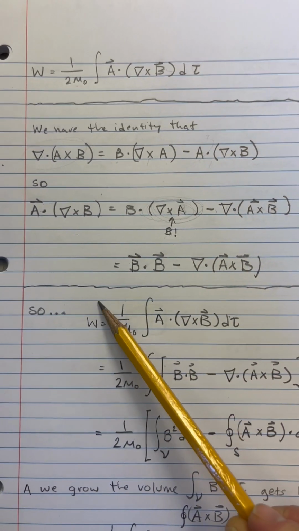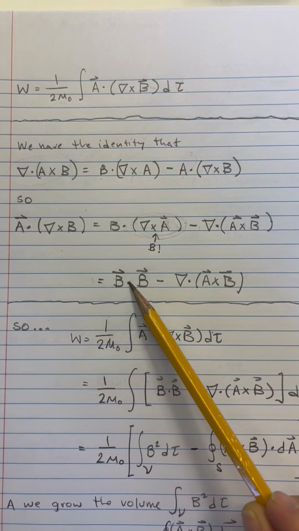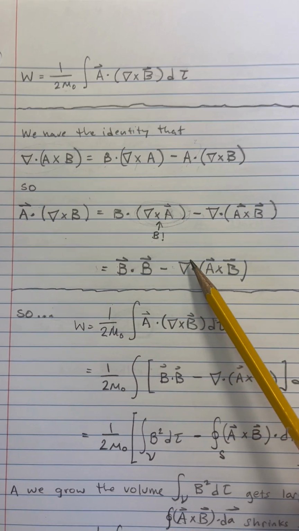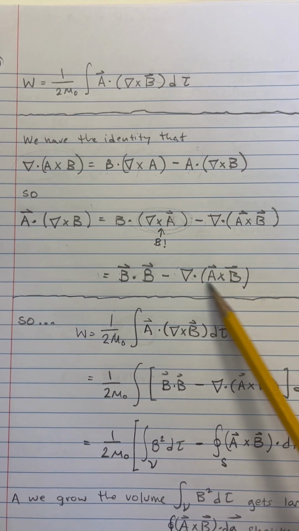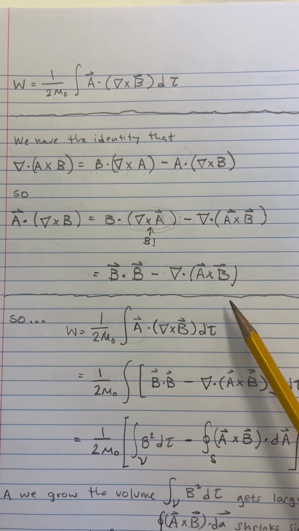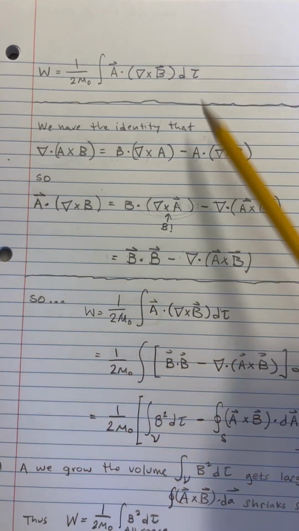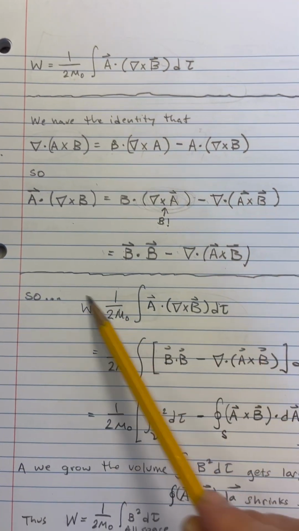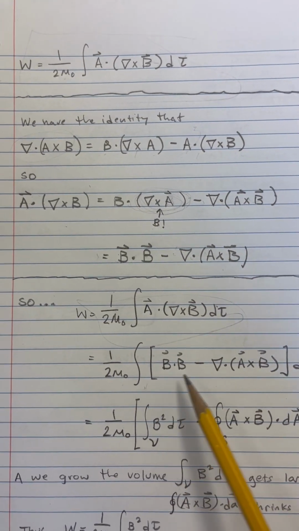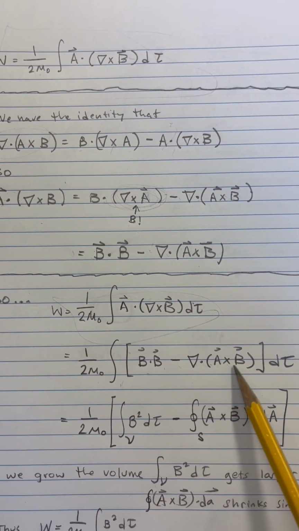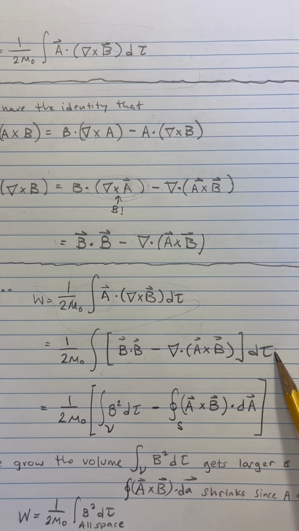And so what we actually get ultimately is the B field dotted with itself minus del dotted with A cross B. And so we can now integrate this expression and rewrite it as the integral of B dot B minus del dot A cross B d tau.